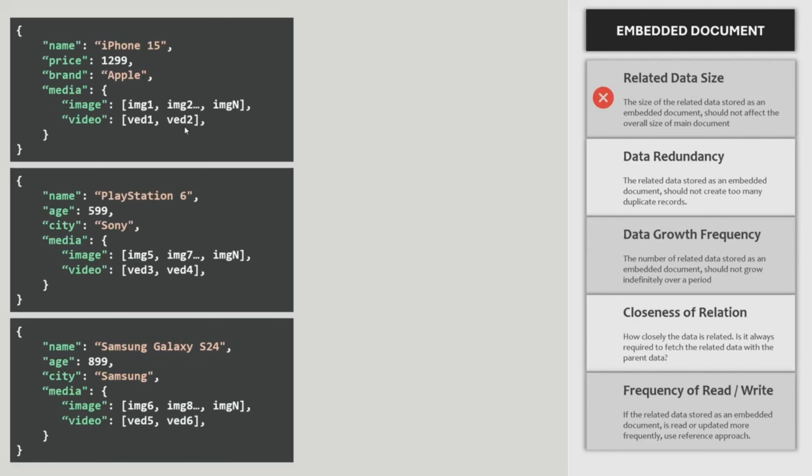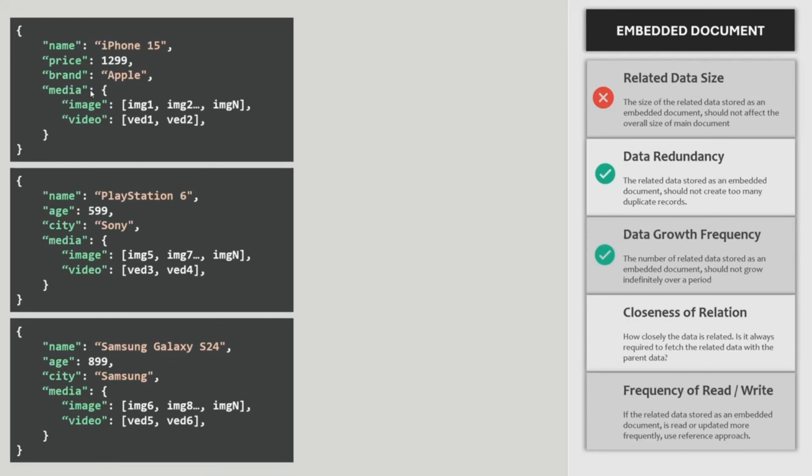If we talk about data redundancy, since each product is going to have a unique media, each product is going to have a unique product image and product video, so data redundancy will not be there. The data growth frequency will also not be much. Once the product is created, its image files and video files are set. It is very rare that we are going to add any more images or videos for that product. So the data growth frequency is also very low, and for that the embedded document approach is okay.